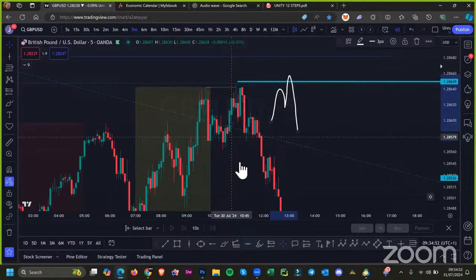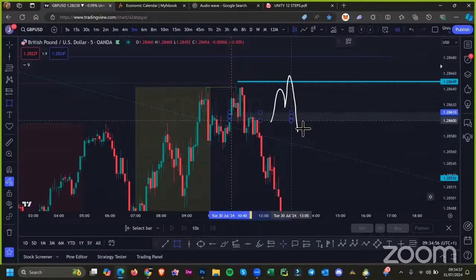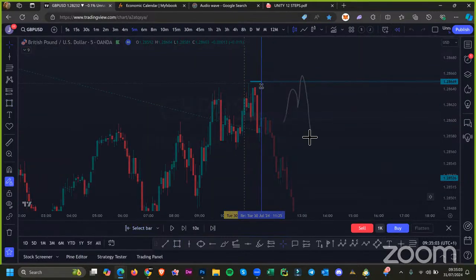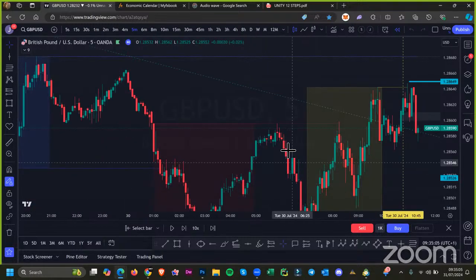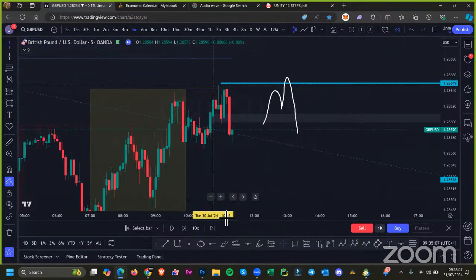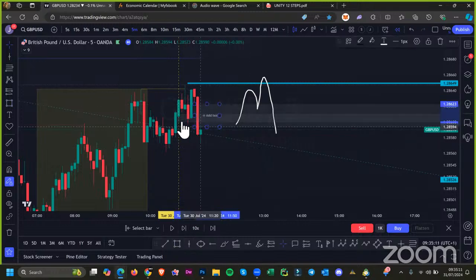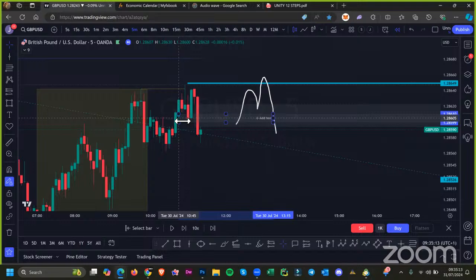At that point in time, I'm very interested in that battlefield area here, even if I rewound it. I'm looking at that whole imbalance, lovely displacement area here, but I'm particularly interested in where it broke through that battlefield.